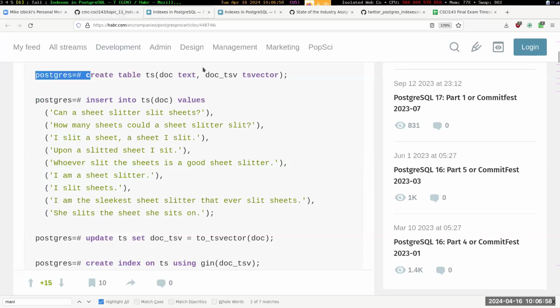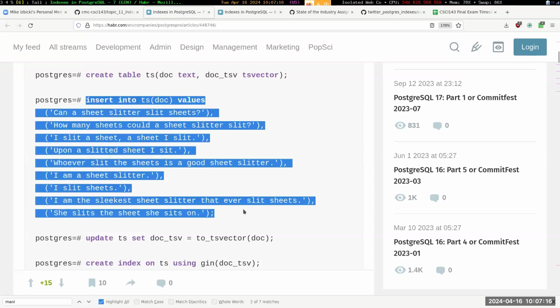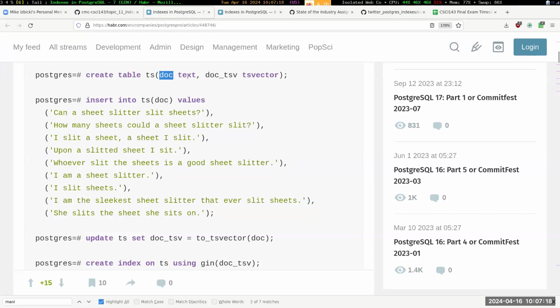So this first command is just creating a table for us. The table has 2 columns: the actual documents that we'll be searching over, and this additional column here, which is the TS vector, which is again going to be the searchable representation of this document over here. And then they're inserting everything into the text column, the document column right here.